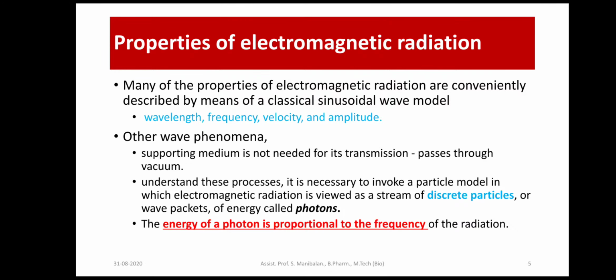Nice. The most important thing and the principle in the whole of optical spectroscopy is that the energy of a photon is proportional to the frequency. We should know that because we are going to use a variety of energies to study the molecules. If you give high energy, it is going to be absorbed and the electrons of the sample can get excited, right?